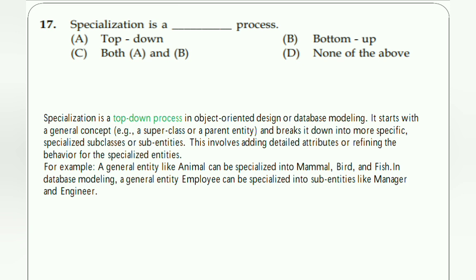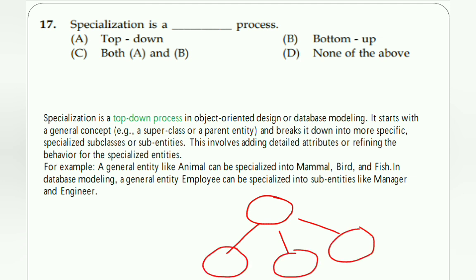It starts with a general concept, for example, a superclass or parent entity, and breaks it down into more specific specialized subclasses or sub-entities. So in this manner, these will get divided. This involves adding detailed attributes or refining the behavior for the specialized entities. A general entity like animal can be specialized into mammal, bird, and fish.